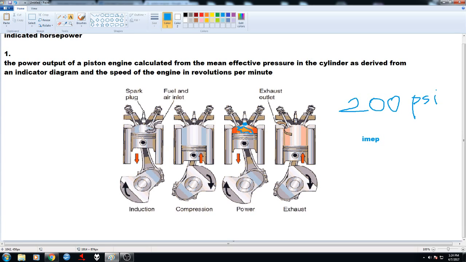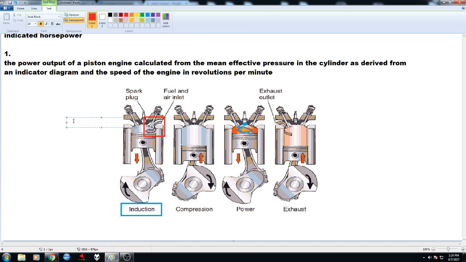Now let me briefly cover all the processes that go on within the engine. On the induction cycle, we are sucking the air and fuel mixture in. That requires energy, right? Minus.